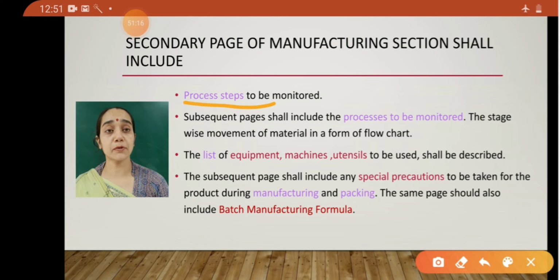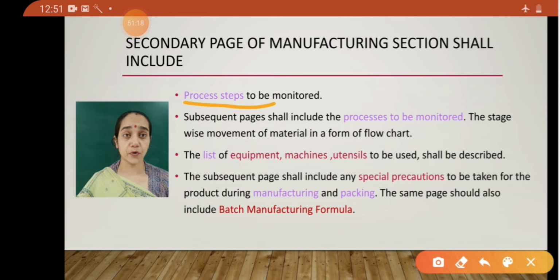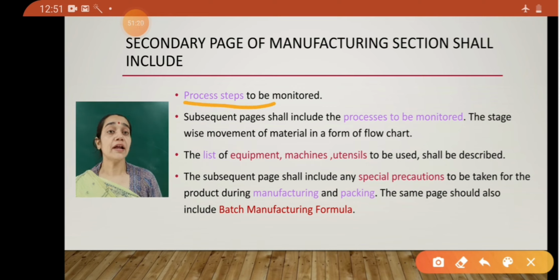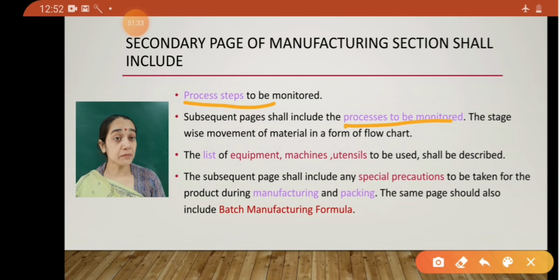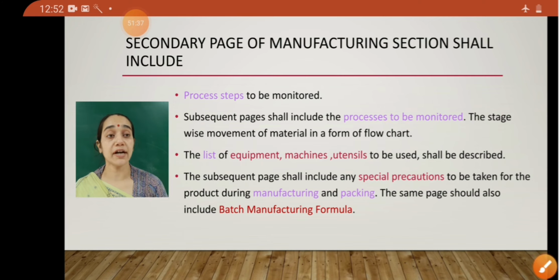All these processing steps will be justified there. The subsequent pages will include how the process should be monitored, what different parameters are to be monitored, what the flow charts are, and how they were monitored.